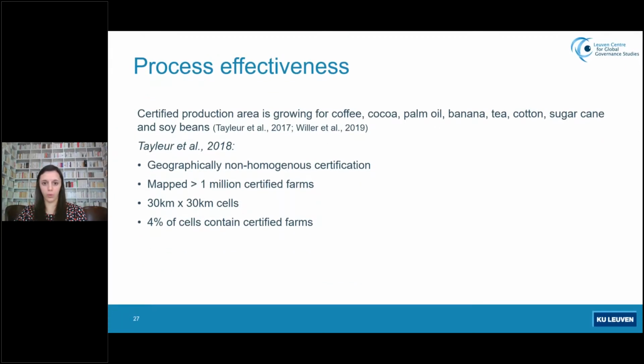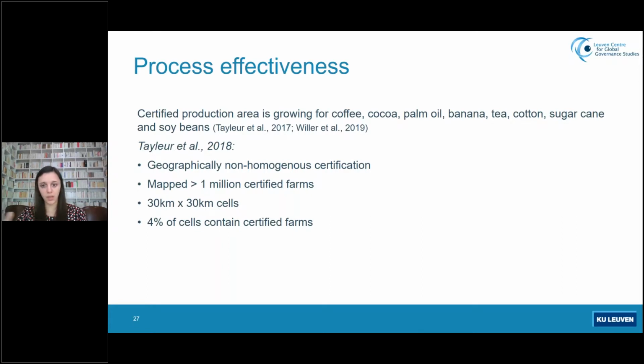So for example, the report by Wheeler and co-authors showed that the production area that is certified for some commodities, so coffee, cocoa, palm oil, banana, tea, cotton, sugarcane, and soybeans, is increasing globally. But another study by Taylor and co-authors shows that within the producing countries, certification is more intensive in some areas than others.